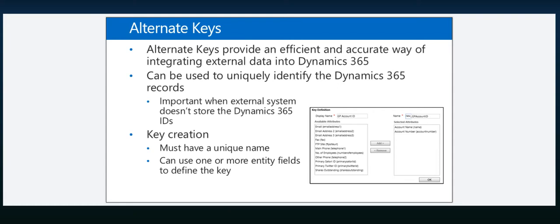You could have multiple accounts with the same name and multiple accounts with the same account number, but if you have a combination where the account name and the account number are the same for two different records, then the alternate key will come in and say, this is not possible, you cannot create this record. So it's definitely more enforced than the duplicate check features, for example.